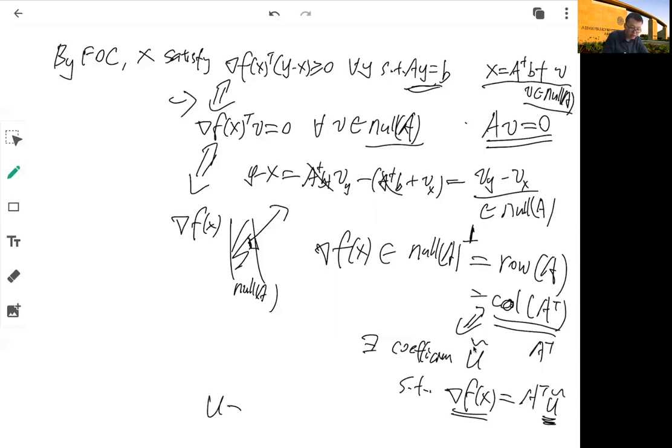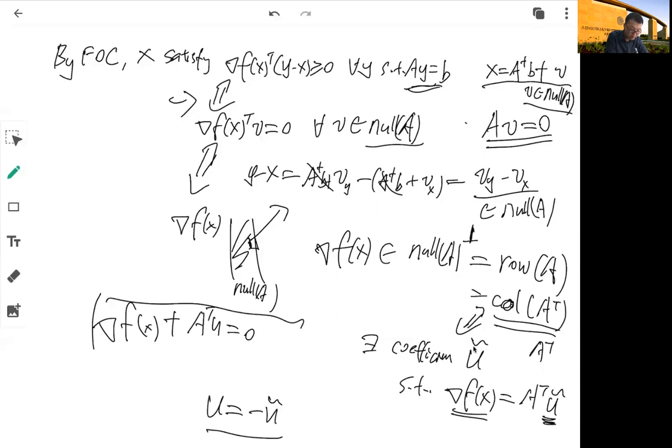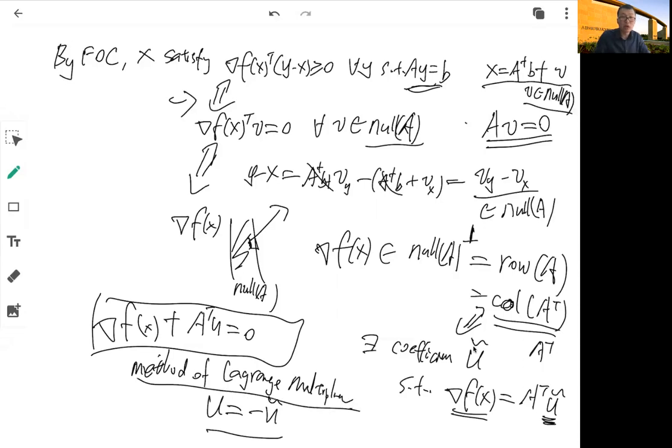Then we define U to be minus U tilde, and by substituting this we get the gradient of f at x plus A transpose U is equal to 0. And this is the method of Lagrange multipliers. I hope this is clear to everyone.